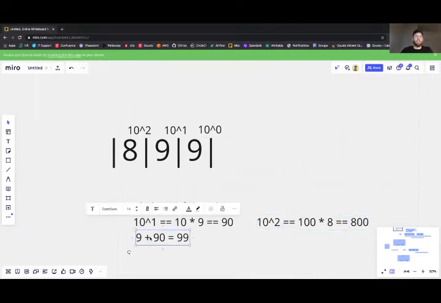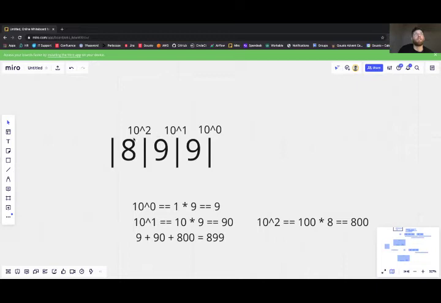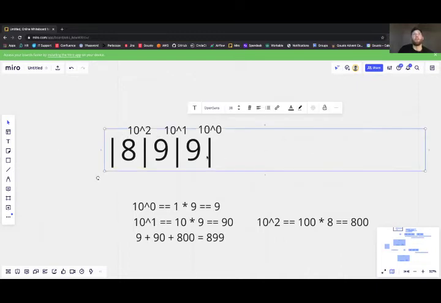So 899 is equal to 9 plus 90 plus 800. And this sequence continues for the base 10 number system. So this is 10 to the power of 0, this is 10 to the power of 1, it's 10 to the power of 2, all the way up.